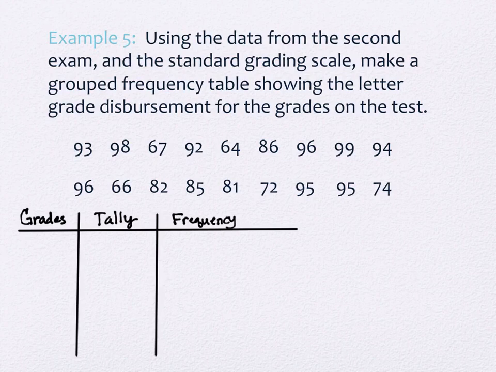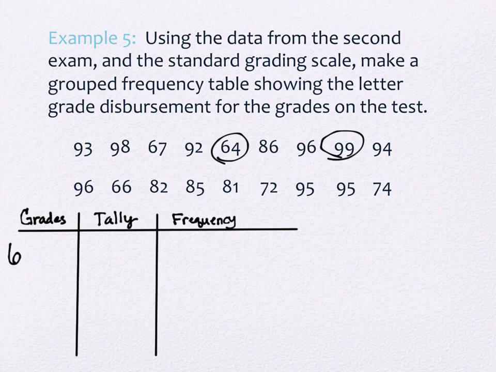So we've said that we're going to use the standard grading scale, and we need to look at our smallest value here. We know because we've already done it. 64, and the largest? 99, okay? So we don't need a category for the 50s or something like that. 60-something is our lowest score.